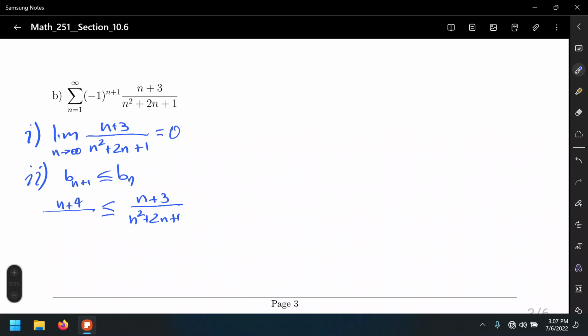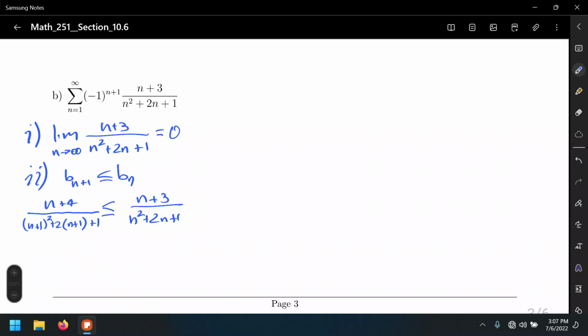In the denominator, we're going to get n plus 1 squared plus 2 times n plus 1. I don't need to expand the whole thing. No need to simplify. Yes, this inequality looks a little bit complicated, I agree.